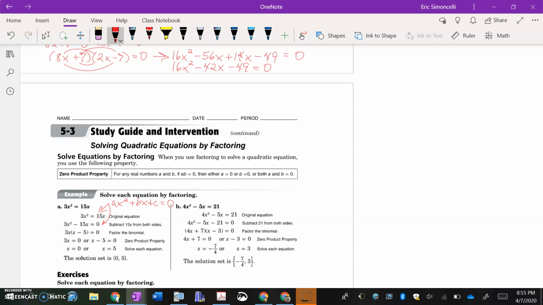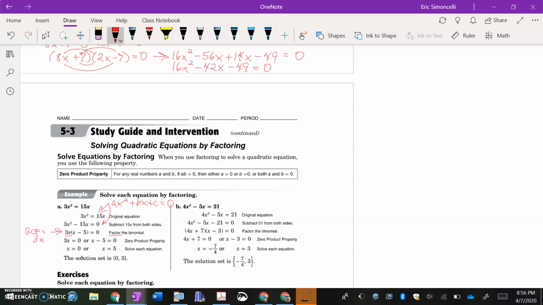They've already subtracted 15x to set it equal to 0, but that common factor ends up being 3x. It's also called the GCF. So the GCF of 3x can be factored out such that you're left with x. And if you factor it out of negative 15x, you're left with negative 5.